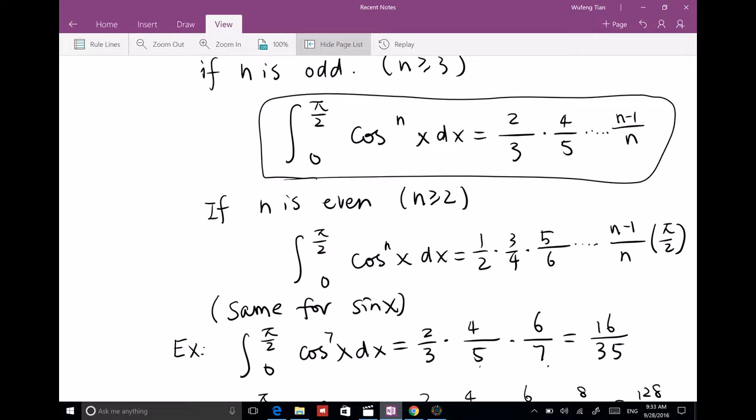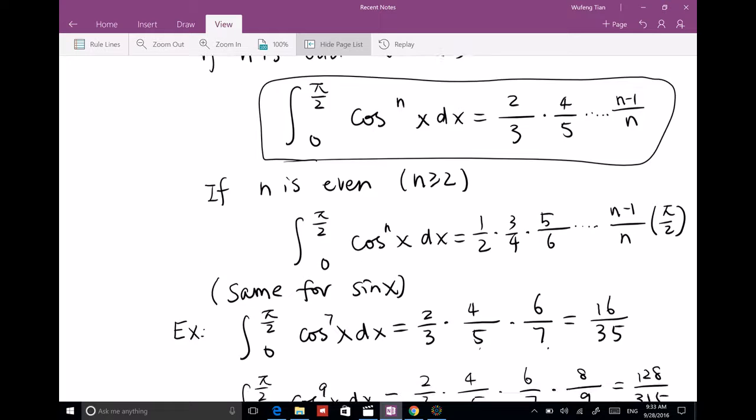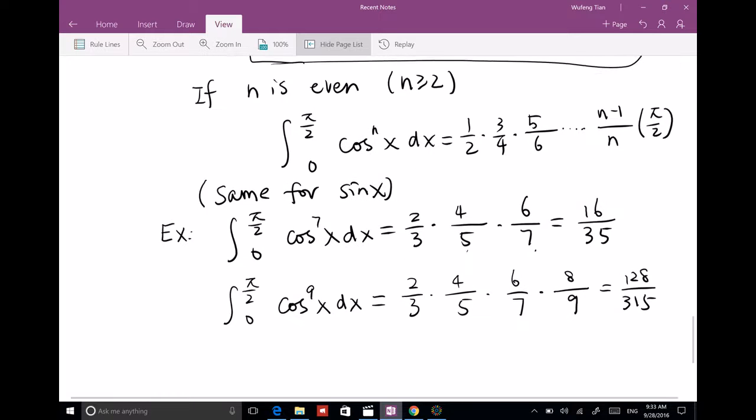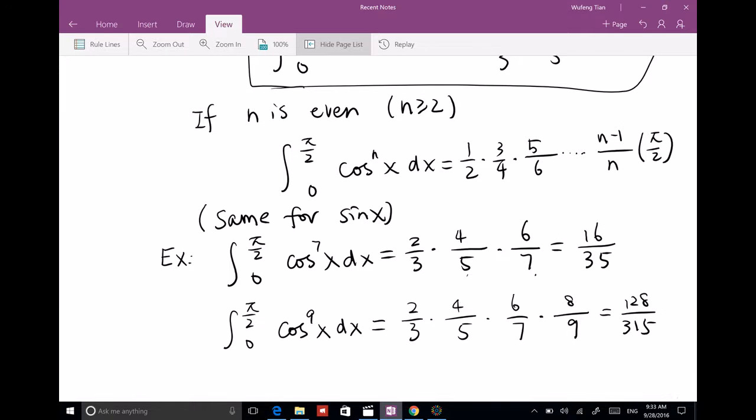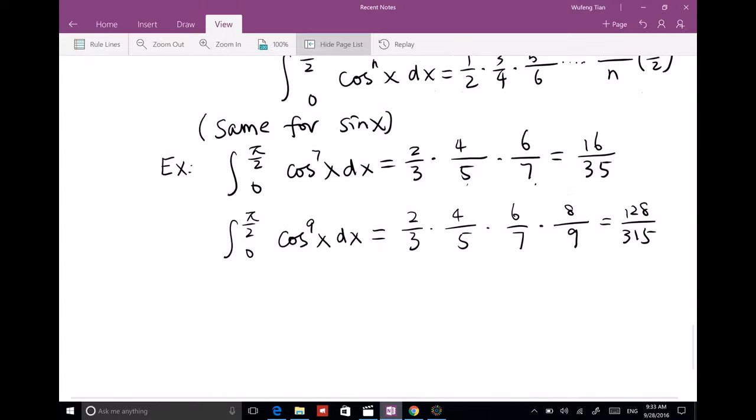Okay, so let's continue to do more exercises. I have a question. Yes? If we have a question like cosine x cubed dx, do we have to reduce that too? Just cosine x cubed.